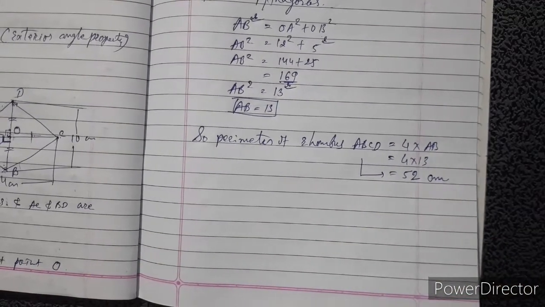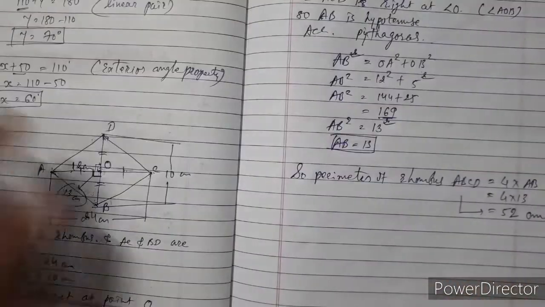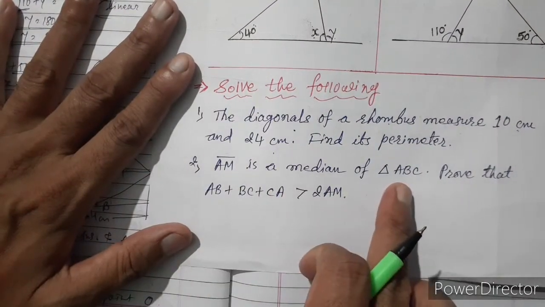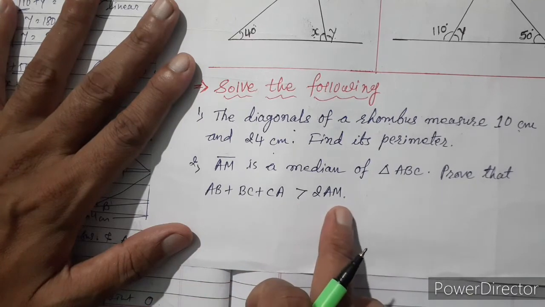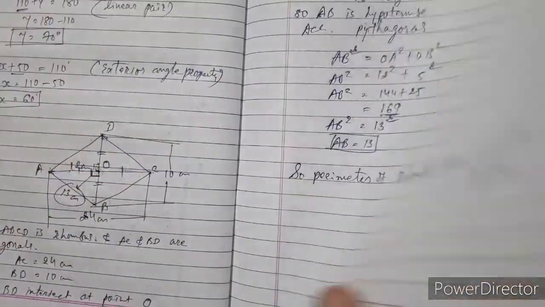Okay, clear? So easy. Now the next sum, look at that one. AM is a median of triangle ABC. Prove that AB plus BC plus CA is greater than 2 times AM. First we draw the diagram.